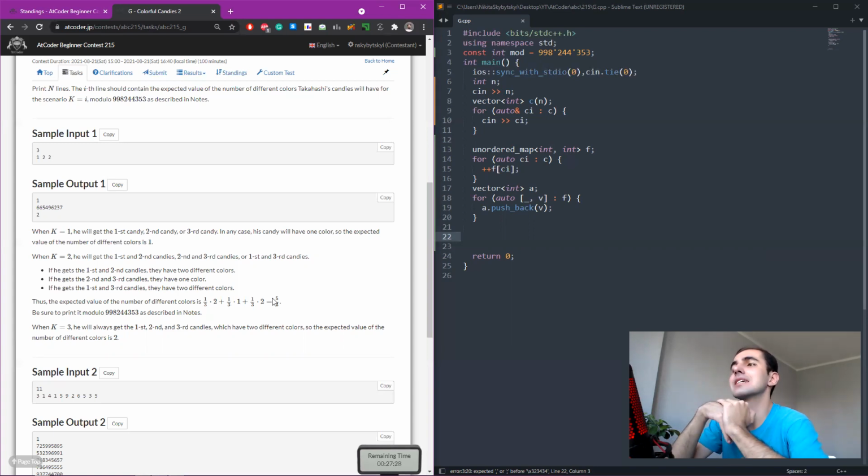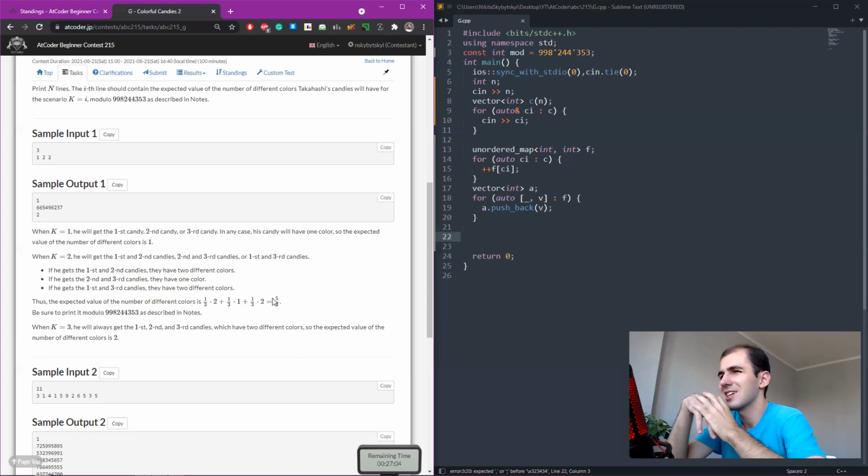This is problematic because the probability that two given candies will coincide, that's very easy, right? You just know that overall you have a binomial coefficient of n choose 2.